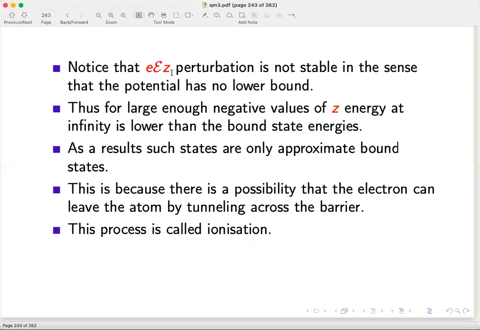If you go to large enough negative values of z, the energy that this would generate is lower than the bound state energy. Therefore, this kind of perturbation can generate instability in the bound state spectrum of the problem that we are looking at.